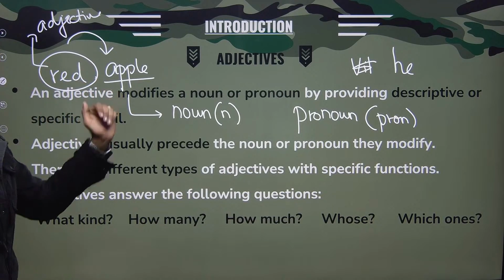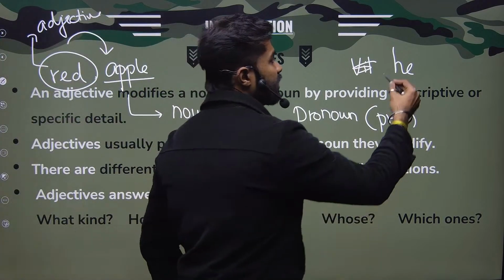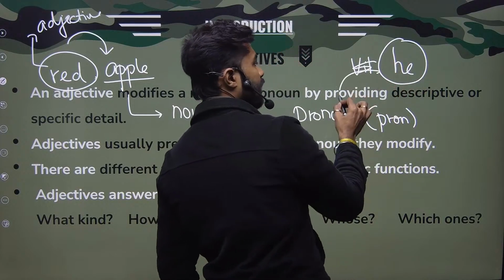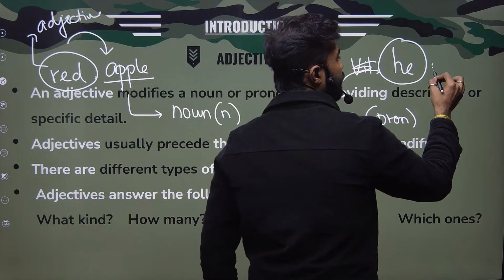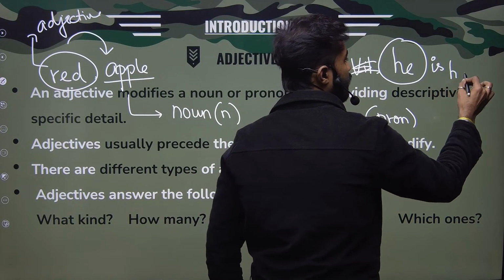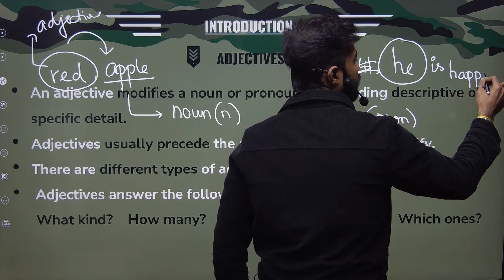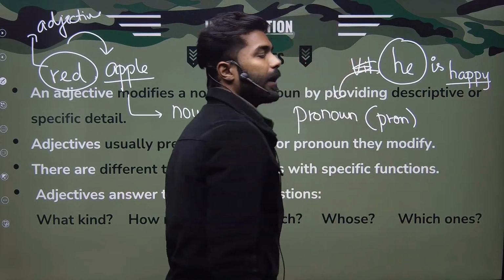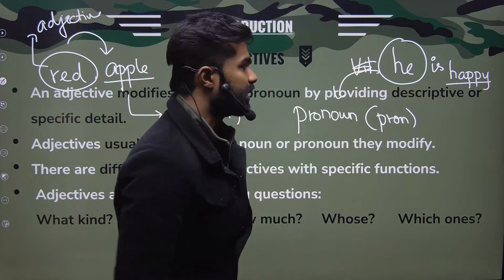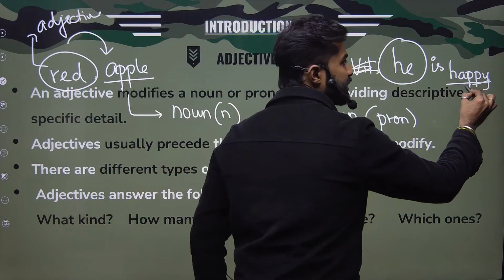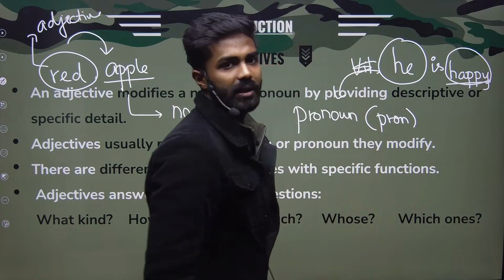See, red apple. See, he. He is my pronoun. I already told you he is a pronoun. All right. So, he is happy. Look at this sentence. He is happy. So what is happening? This happy is an emotional state, right?